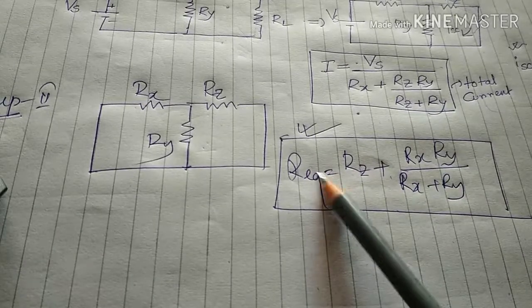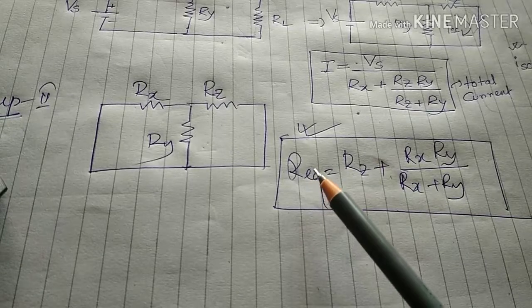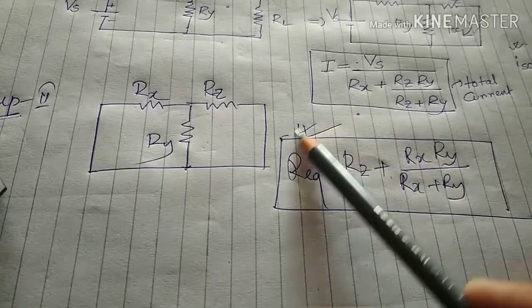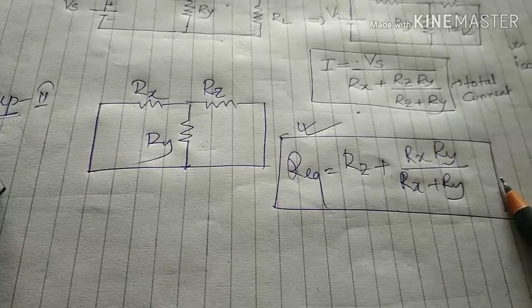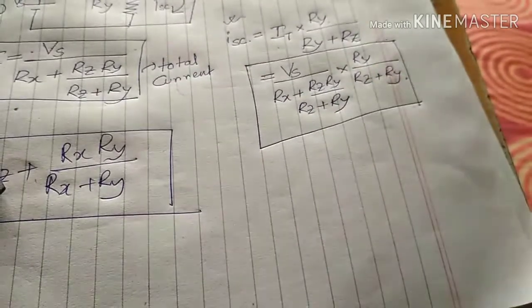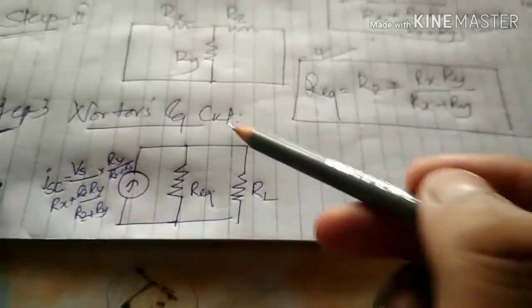Now we draw the Norton's equivalent circuit, which consists of this equivalent resistance in parallel with a current source. So in step 3 we draw the Norton's equivalent circuit. This is the short circuit current source.